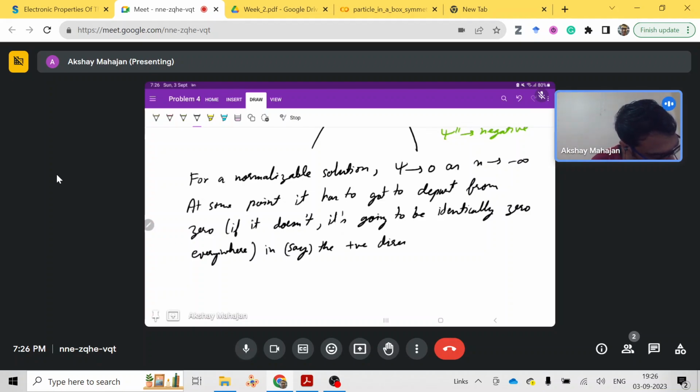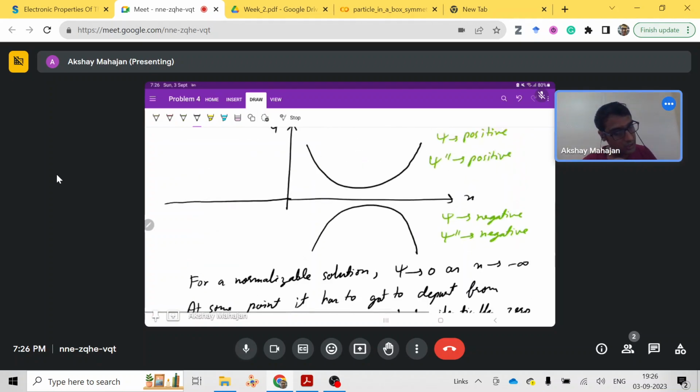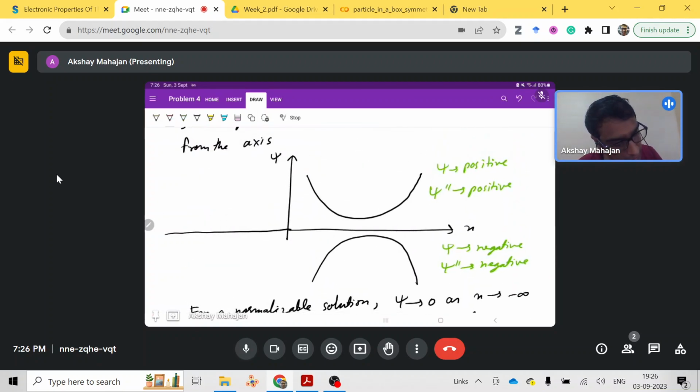So basically what we are saying here is that for the normalization, our wave function comes from here.